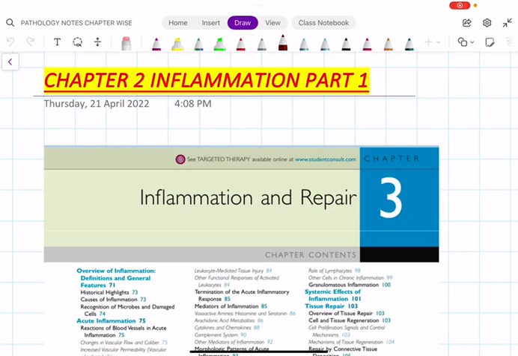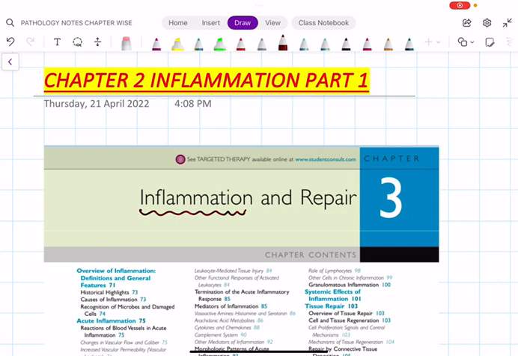Yes, fine. Why? Because the word inflammation is a very common terminology which we come across in our day-to-day clinical practices. What do you mean by inflammation? How is inflammation happening? Why is it happening? Why does the patient experience or complain of symptoms during this phase of inflammation?